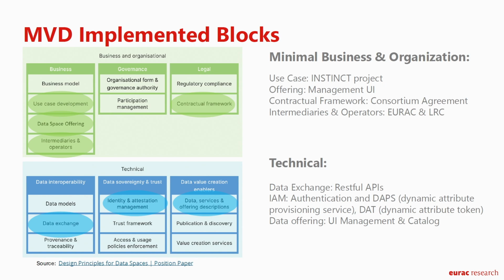We also define the consortium agreement, so the rules that we have in the consortium for each partner, and that we are going to use the Instinct project as a use case. So this is just some regulation, such as the data license that we want to apply, and the standard that we want to use for the API, for the data sharing, and so on.